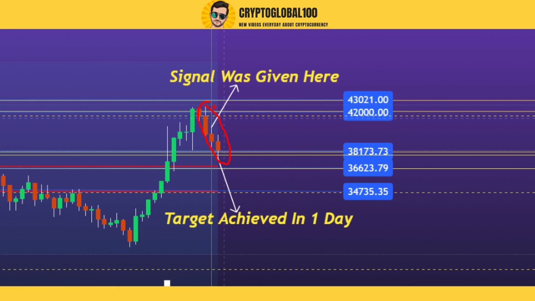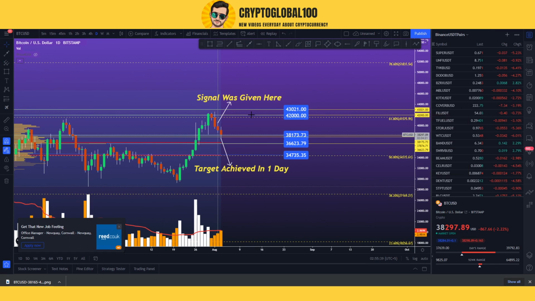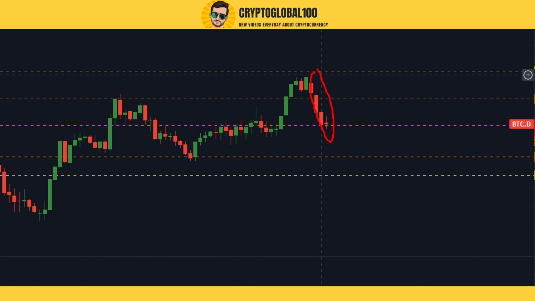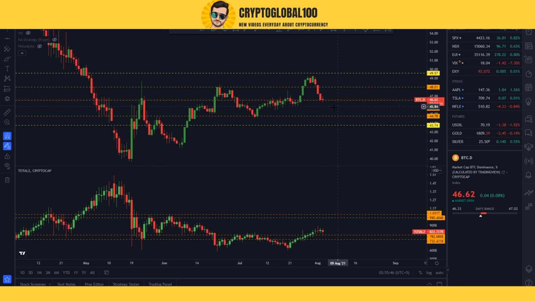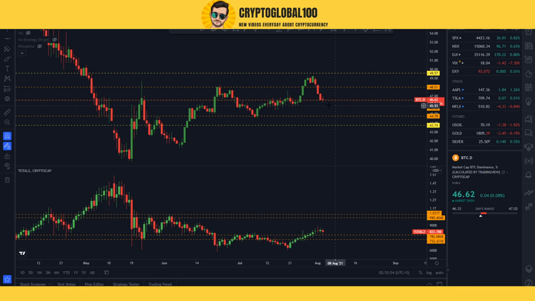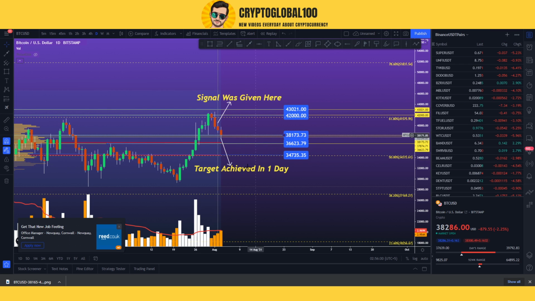This is the Bitcoin price chart, and this is the Bitcoin dominance chart. Right now the Bitcoin dominance is near the support, and if it falls further, the price is going to fall further.